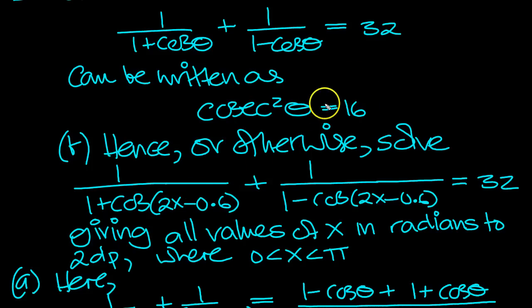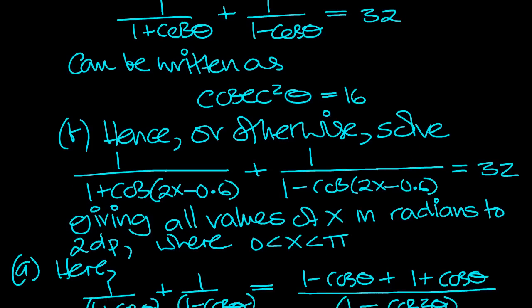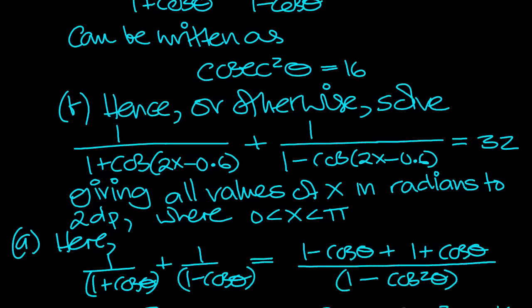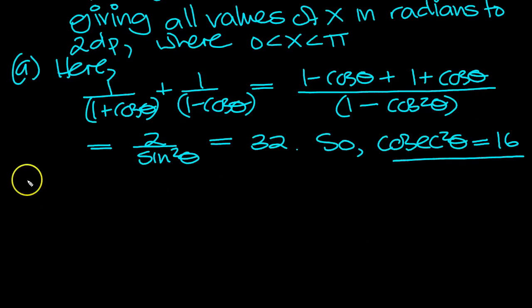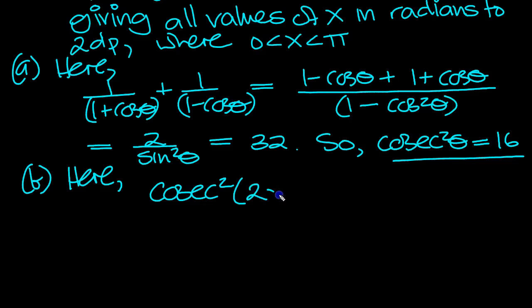So we can just simply write this when we solve it. X goes from 0 to 180, pi radians, to 2 decimal places. So we're doing radians then. And we've got 2x minus 0.6, so part B. We've got cosec squared of 2x minus 0.6 is equal to 16.